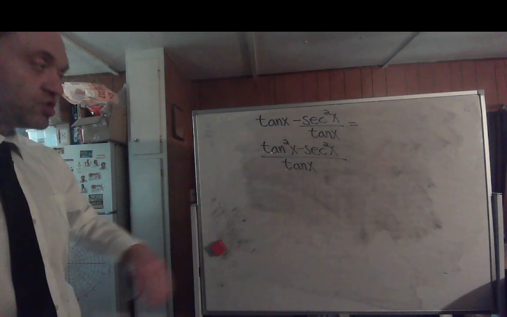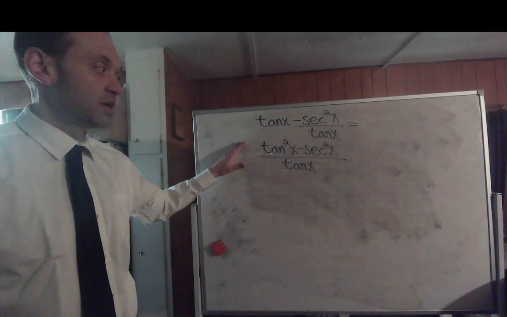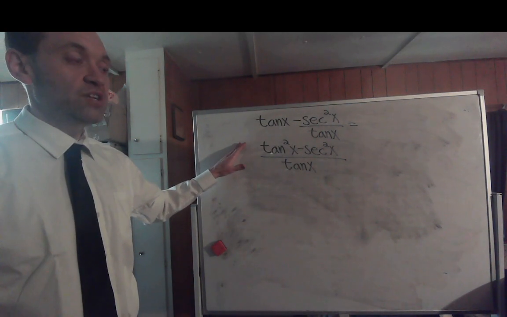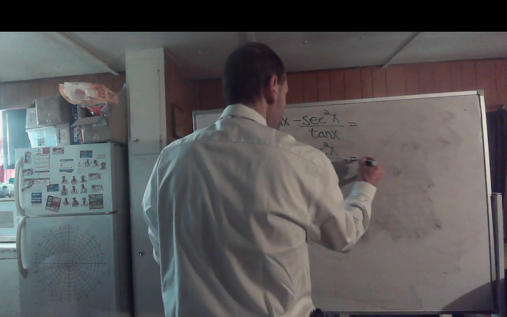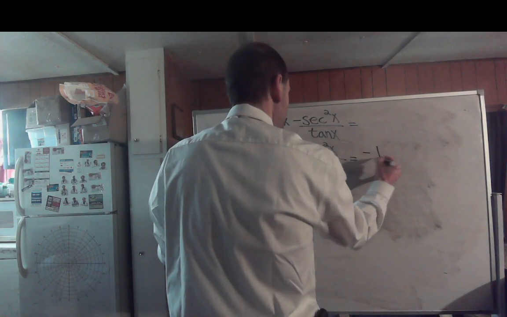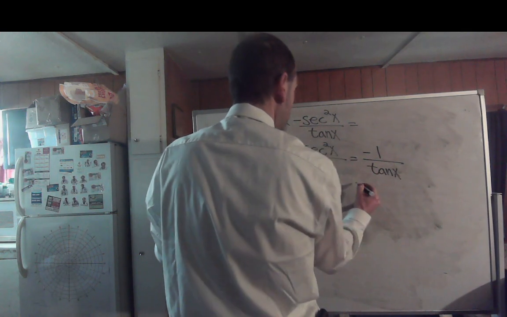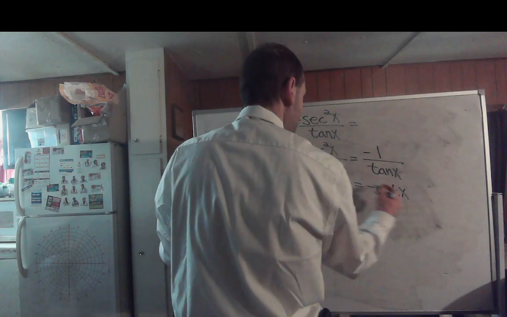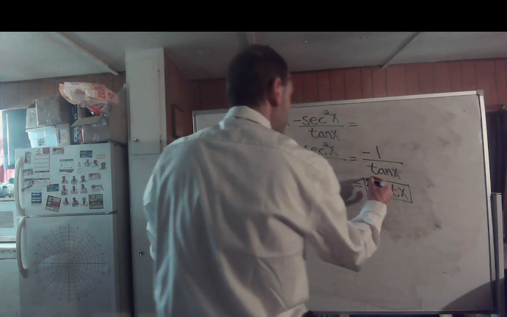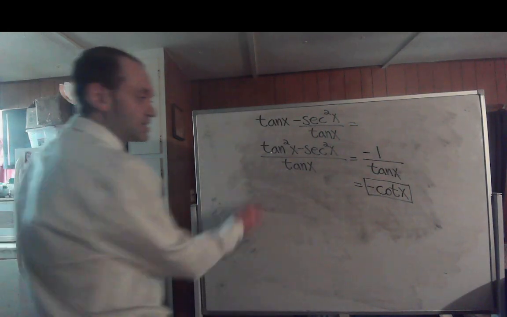Alright, so tangent squared plus 1 equals secant squared. That would have to mean tangent squared minus secant squared equals negative 1. So you would just end up getting negative 1 over the tangent of x, which should give you the negative cotangent of x. So in the end, this should simplify into the negative cotangent of x.